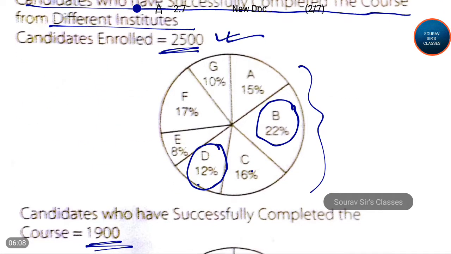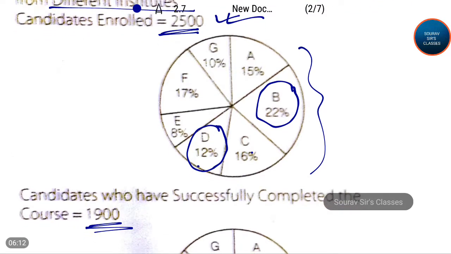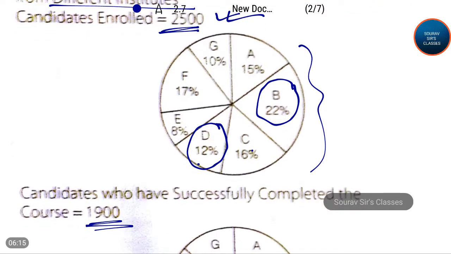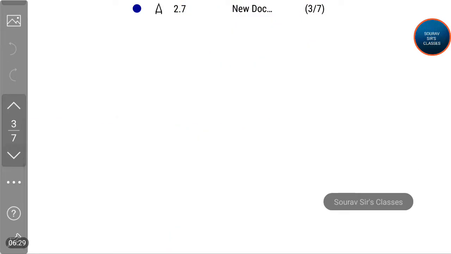The number of enrolled candidates from institution A, here the percentage is 15%, and the successful candidates in Institute A is 17%. So let's solve this.